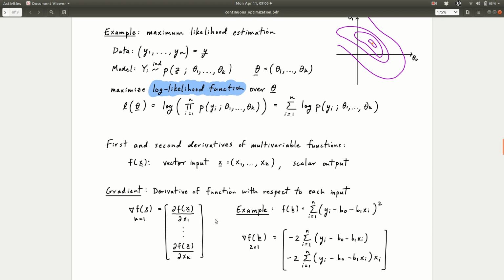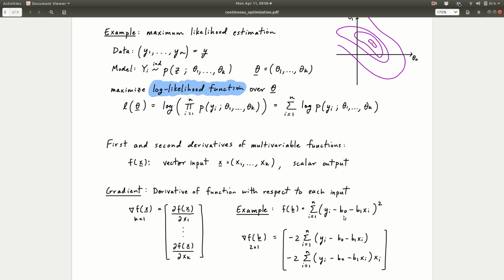So if we look at our example of least squares, and I'll just do simple linear regression, so there's just an intercept and a single linear term here. If we take the gradient of this, that means with respect to the input b, in the first entry we take the derivative of this function with respect to b0.